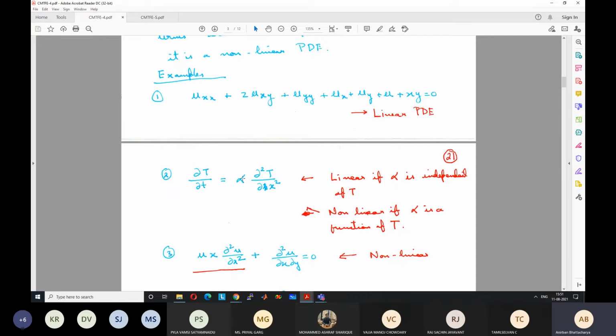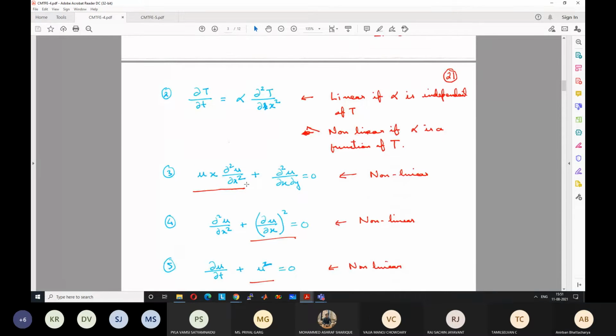Obviously, other students know. So, if the diffusivity is independent of temperature, like it's a constant material property, then this is a linear second order PDE. If the diffusivity alpha is a function of temperature, which happens for most materials, then it becomes a non-linear PDE. It will depend on the coefficient alpha.